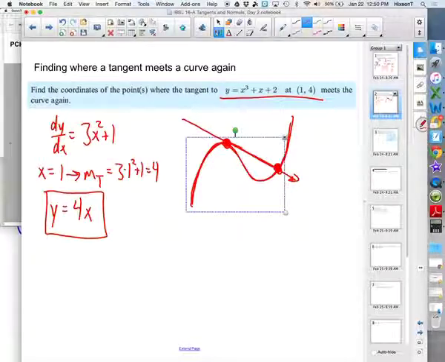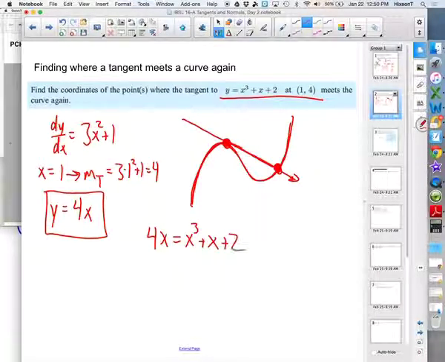If they're both equal to y, you can set them equal to each other. 4x equals x cubed plus x plus 2. You're finding where the line and the curve will intersect. So now you have 0 equals x cubed minus 3x plus 2.